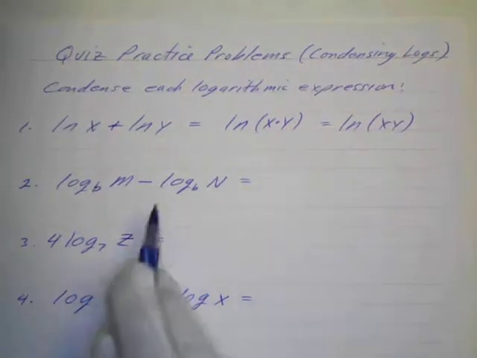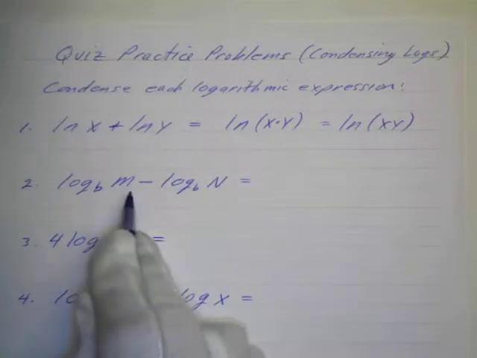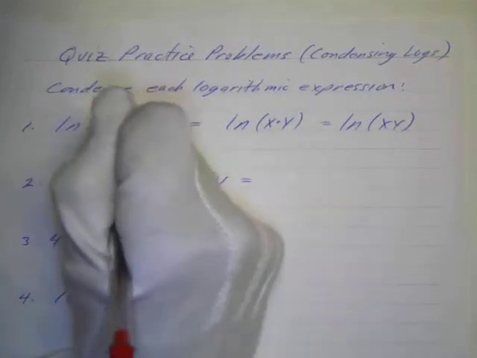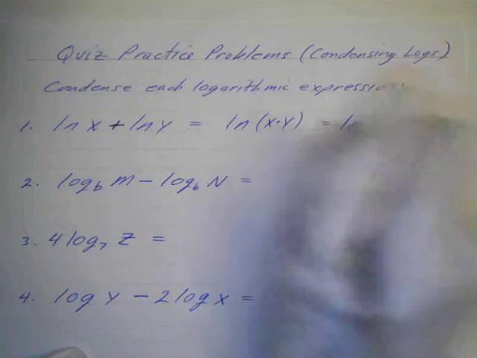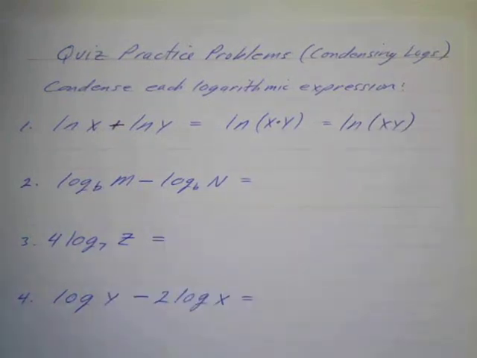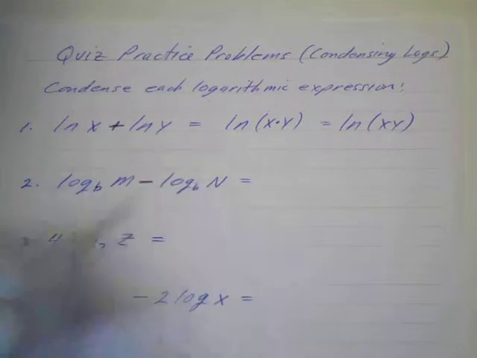Okay? Now we have a difference. So we know from our quotient rule, the log of a quotient is equal to the difference of the logs, so we can write this as a quotient. And I kind of show that this plus sign is this multiplication sign. So now we're going to have the log of a quotient, so this minus sign will be a quotient sign here. Change to a quotient.